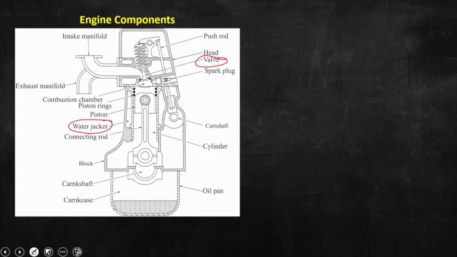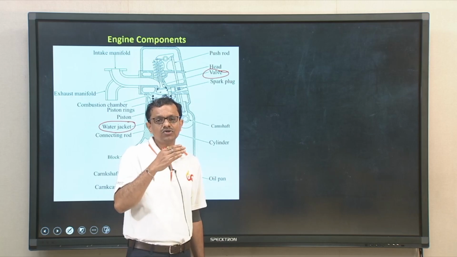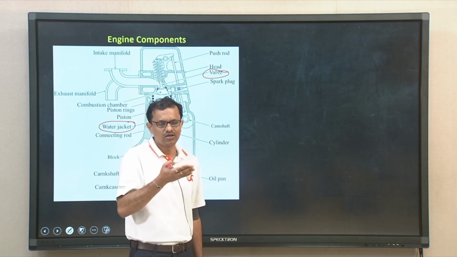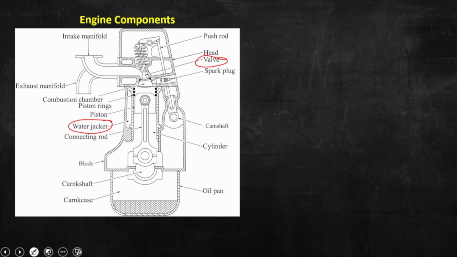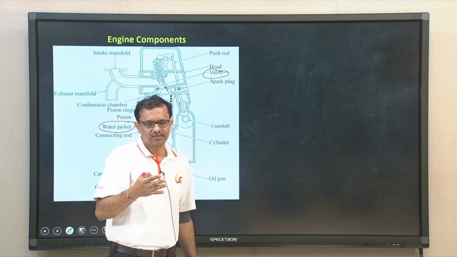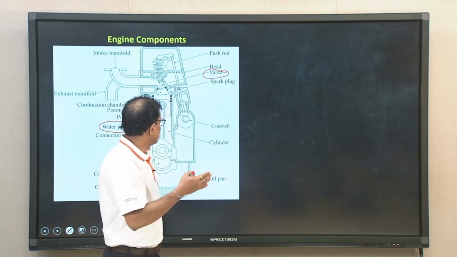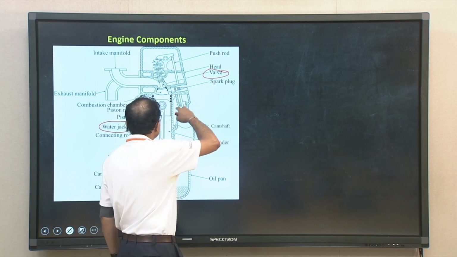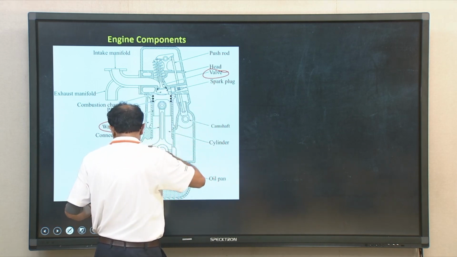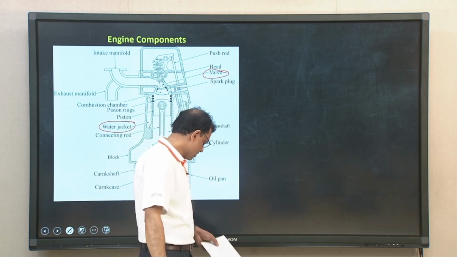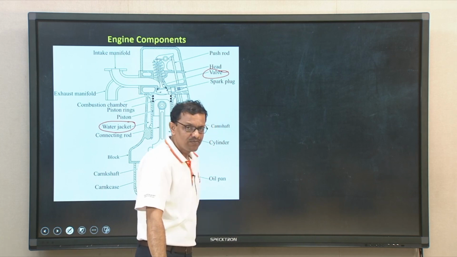And these valves are provided to control the flow of air, air fuel mixture, and also exhaust gases. So, flow of several fluids is controlled through the valve, and in most of the engines poppet valves are used.